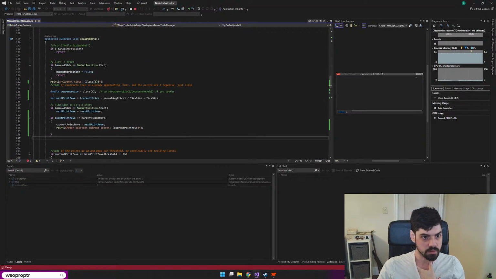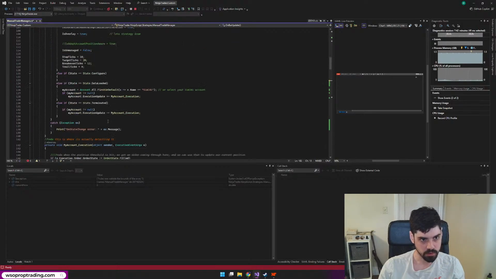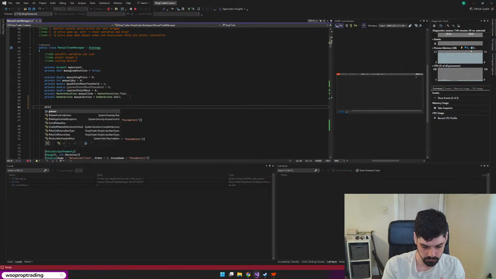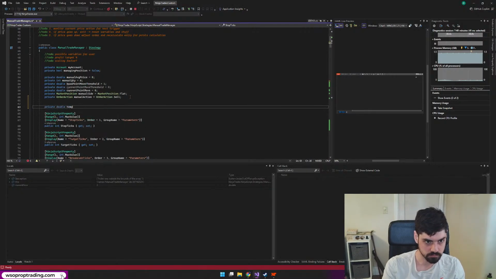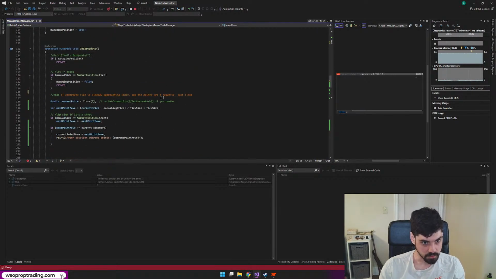Oh, also let's only print the close if it's different from the last. Okay, so what we're gonna do, we have a temp close.